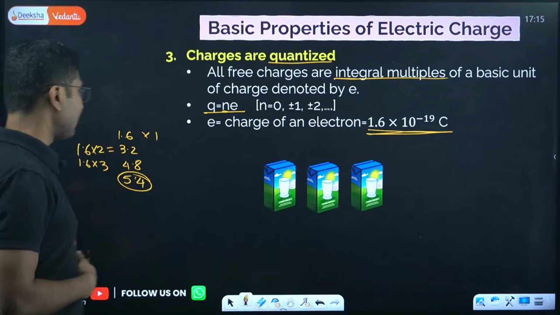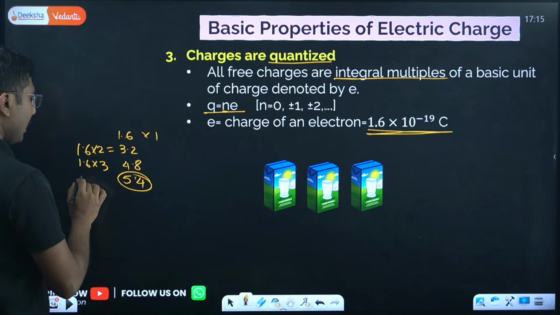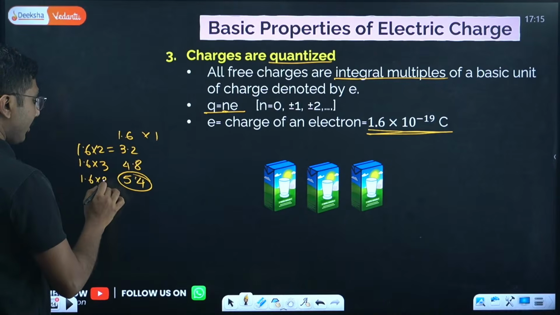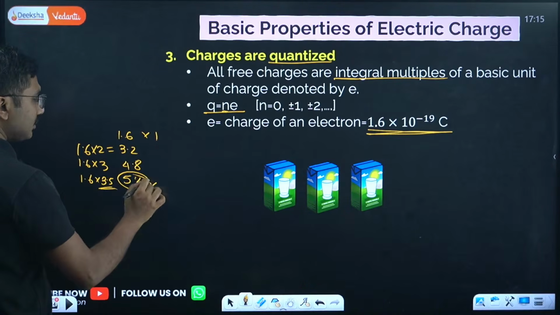This is a fractional number, which turns out to be 1.6 into 3.5. So this value is not possible.